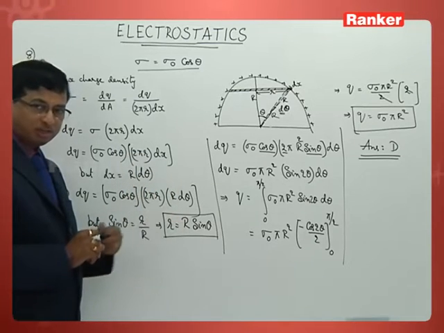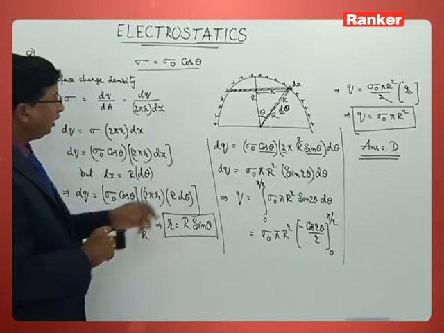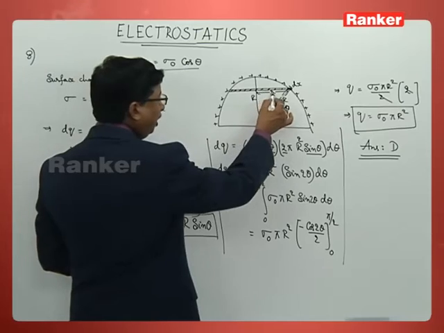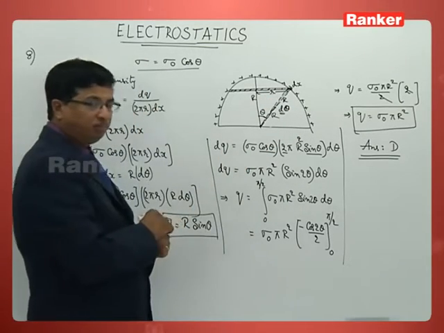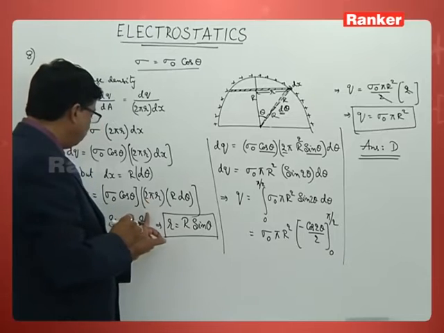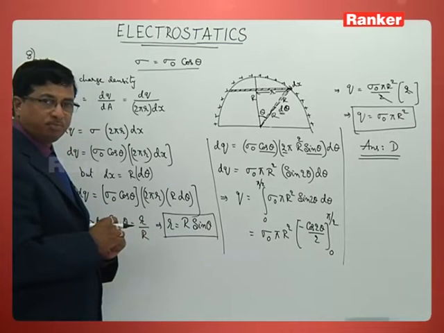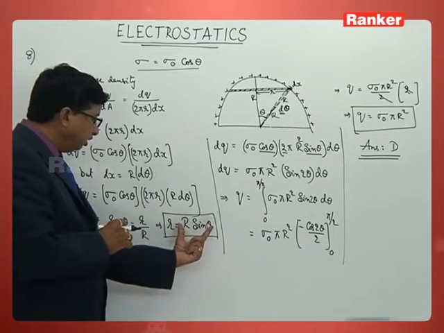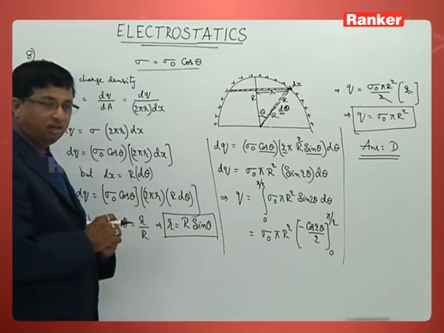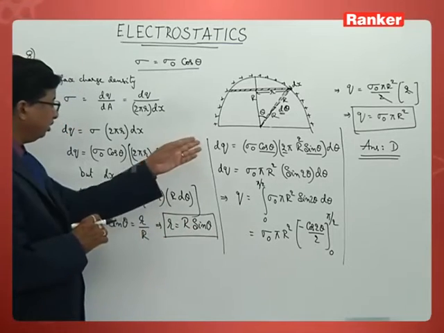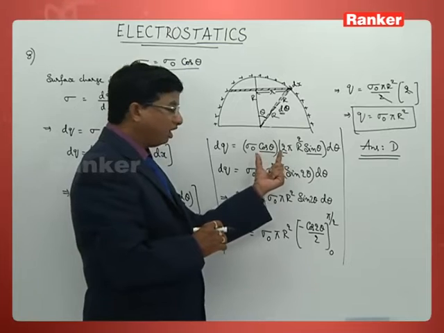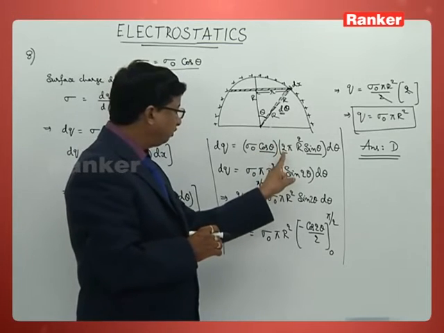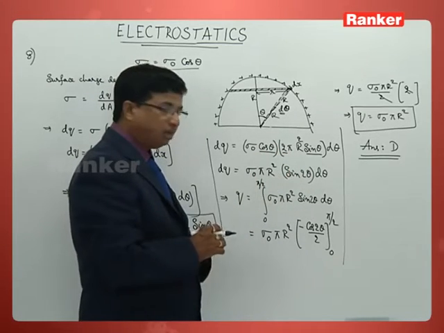I have substituted that. And what is the relation between small r and capital R? Sin theta is equal to small r by capital R. Then small r can be written as R sin theta. That you can substitute here. After that, we have just written sin 2 theta in place of 2 sin theta cos theta.